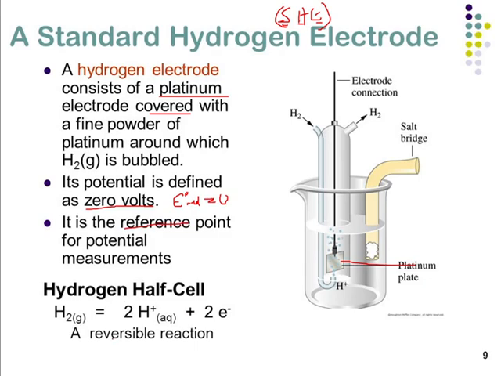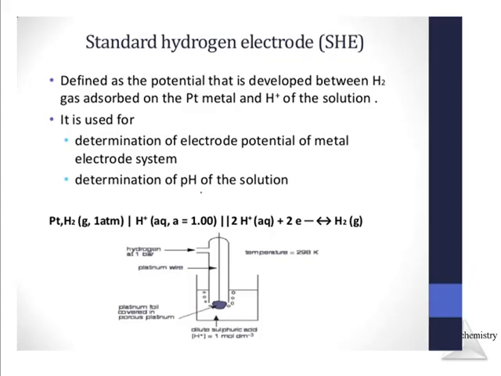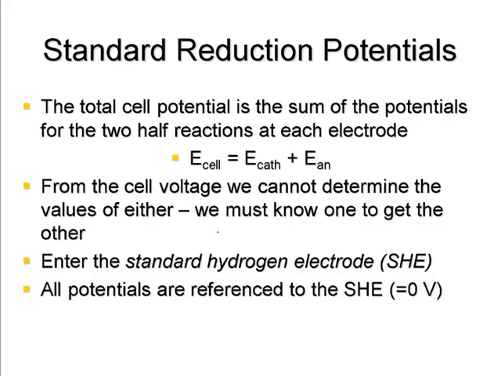This is actually a reversible reaction, but either way it still gives you 0. The best example is the oxidation, where as you can see, you have platinum. This is 1 atm, this is 1 molar, and at 25 degrees it gives you standard conditions. I think we have looked at this. Now this reaction is mostly an oxidation reaction.